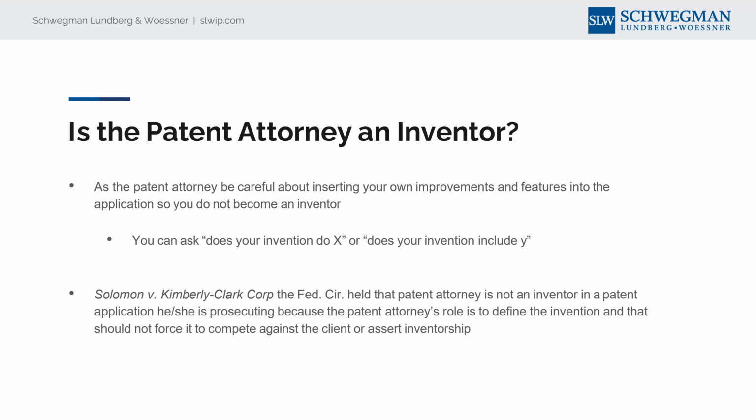Sometimes as a patent attorney, you find yourself inspired by your clients and getting a little bit creative. If you're a patent attorney out there, or if you're a client and you've got a patent attorney working on this, just be careful about having your patent attorney listed as an inventor. I try to avoid it myself.